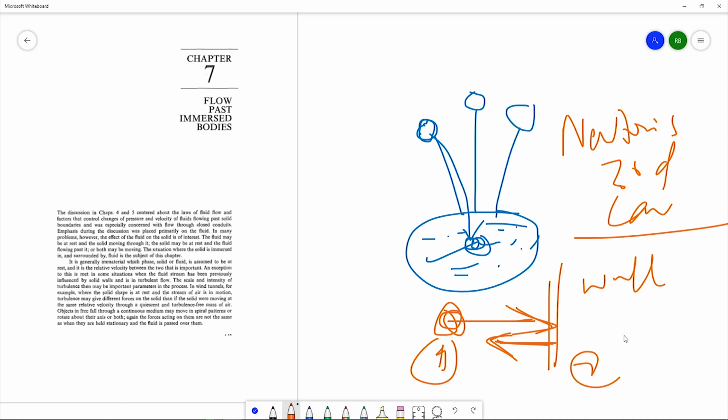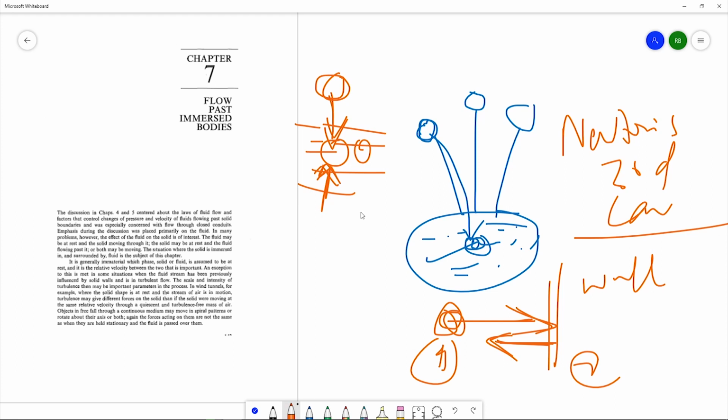Okay, so from this, if the particle is flowing through a liquid, then what happens? It is exerting some kind of force on the liquid, right? So by Newton's third law, the fluid will exert some kind of force in the opposite direction on this particle, right?